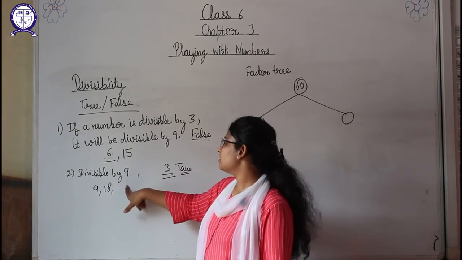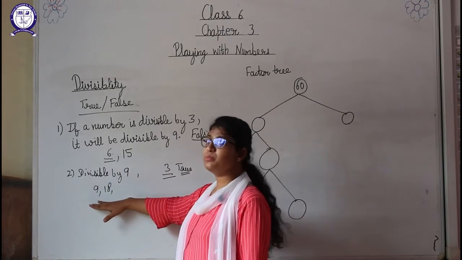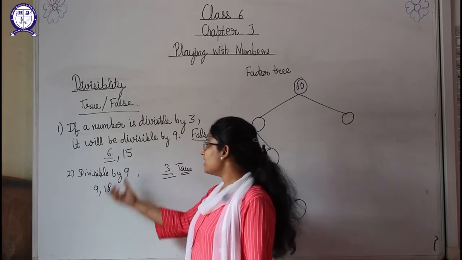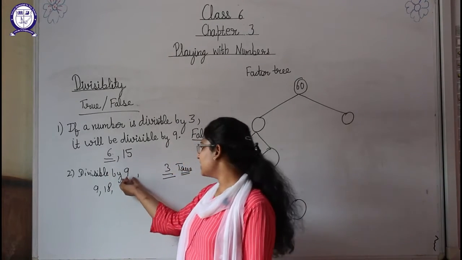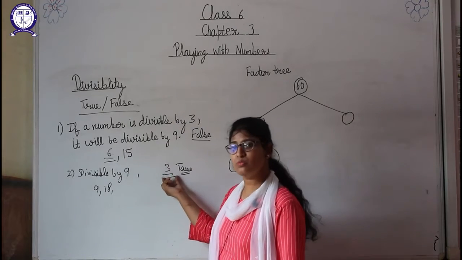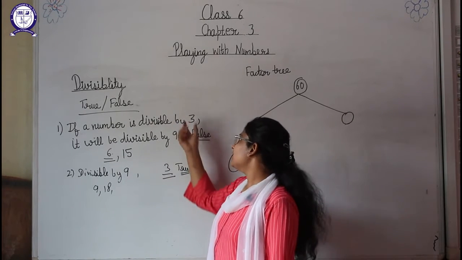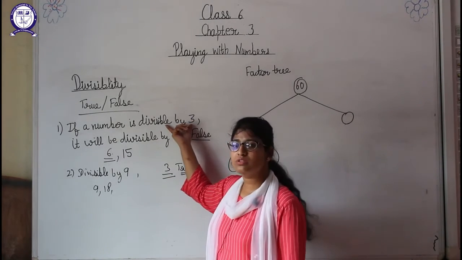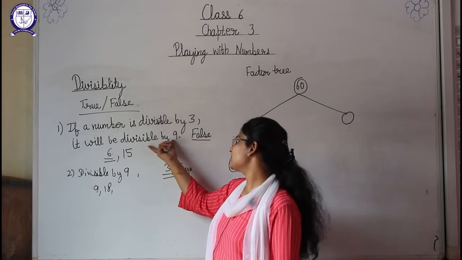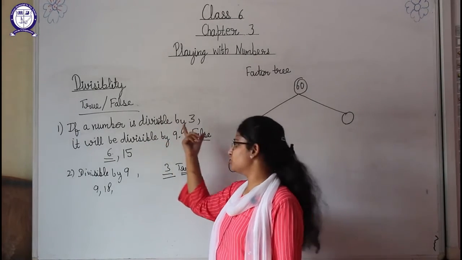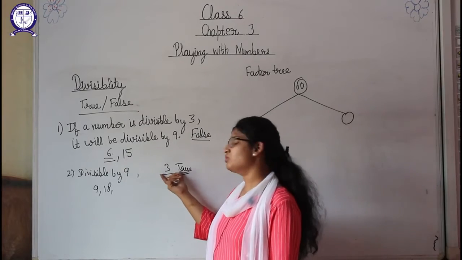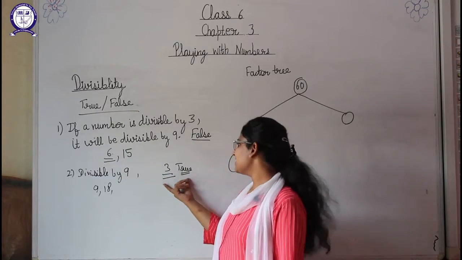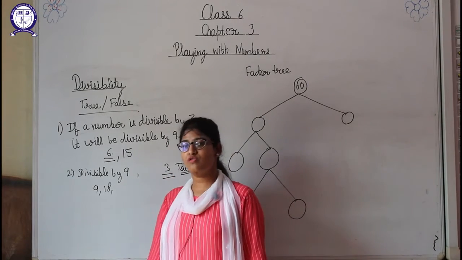Okay, so they can share the common factors, but you have to think that the number should be divisible by the greater number, and that greater number should also be divisible by the smaller number. Here we were given the smaller and we were asked about the greater, so that was false. But in this, the greater is given and we were asked about the smaller, so this statement is true. Okay, like this you can do your true false.